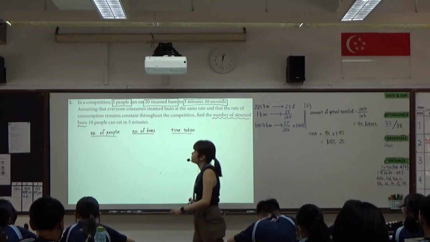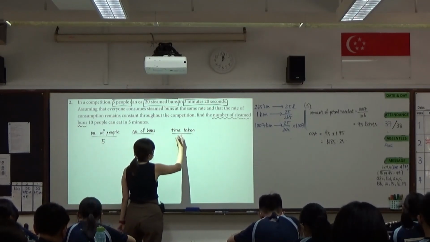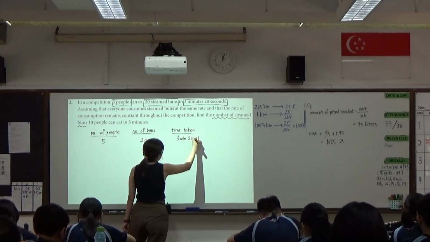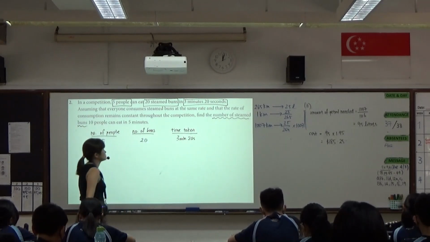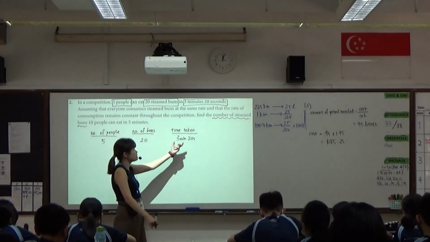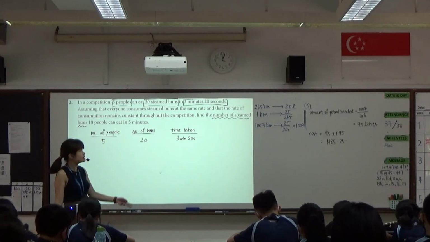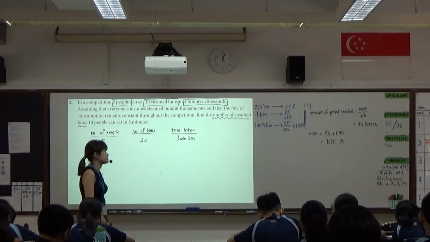So right at the start, we are given that 5 people, 20 buns, 3 minutes 20 seconds. For convenience in calculation, let's not have 2 different units for our time. Let's consider having it all in minutes, since we are trying to go towards minutes as well.